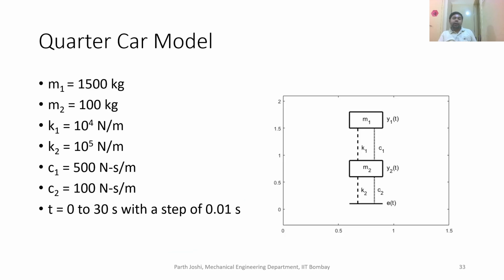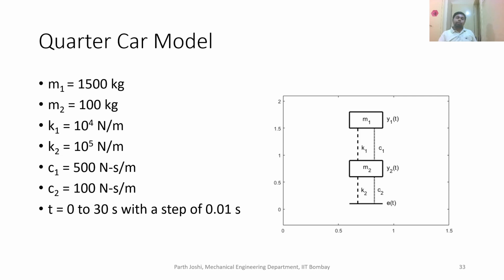So I tried to select a representative set of parameters for a passenger car. Here it's again a lumped parameter model where we model the car body as some mass m1, the wheels together are lumped together as a 100 kg mass, and we select reasonable values of stiffness and damping parameters, and try to simulate this model using MATLAB.